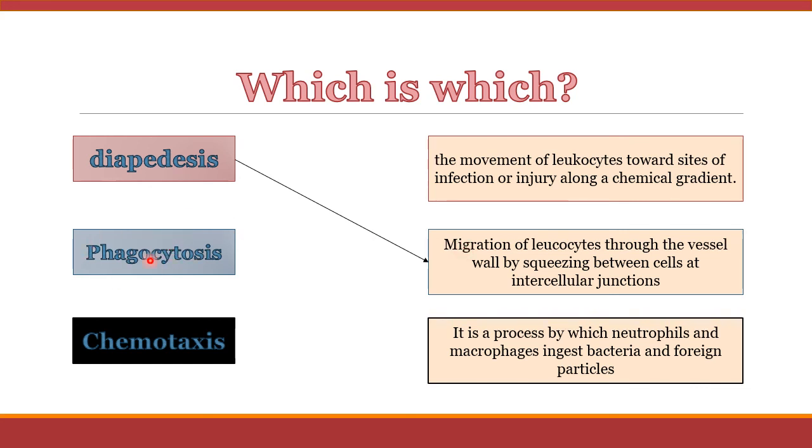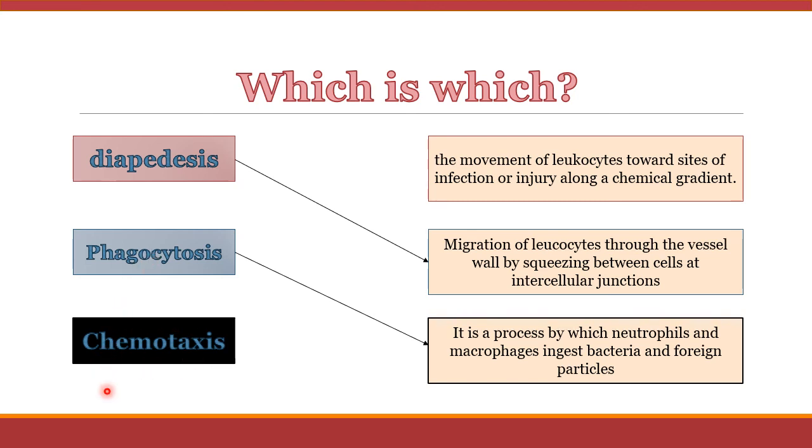From the remaining definitions, which one is the good definition for phagocytosis? Yes, this is the process by which the neutrophils and macrophages ingest bacteria and foreign particles, and as we agreed, it consists of 3 steps: recognition and attachment, engulfment, and killing of the microorganism and its destruction.